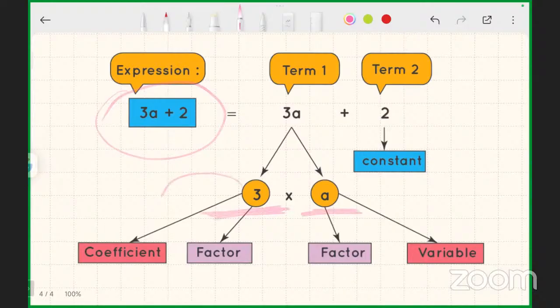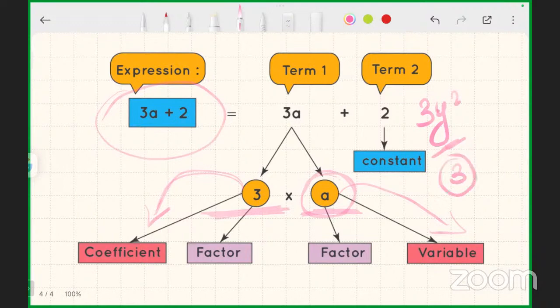So here you have that as well. You have a variable and the constant that is attached to this variable, we call it the coefficient. So if you have 3y square, the variable part is y, and the coefficient of y square is 3. You will say the coefficient of y square is 3.